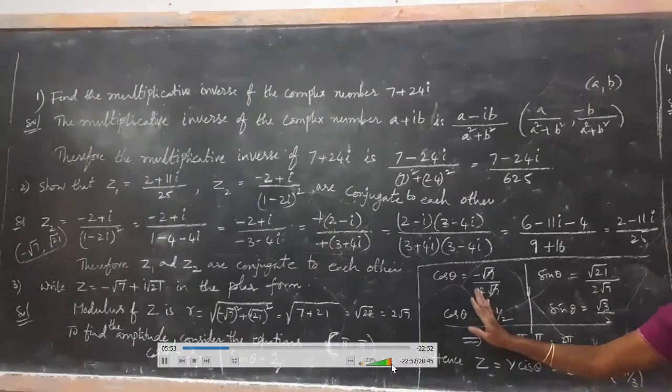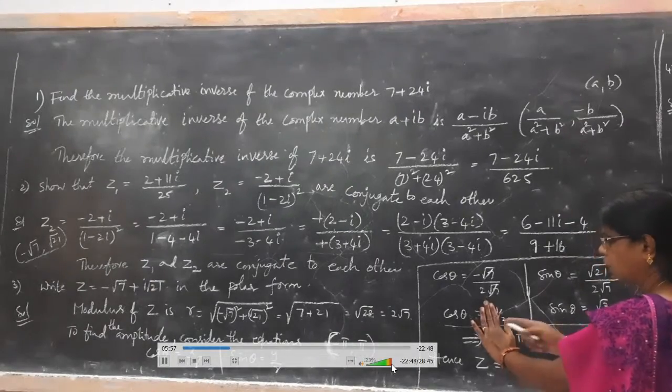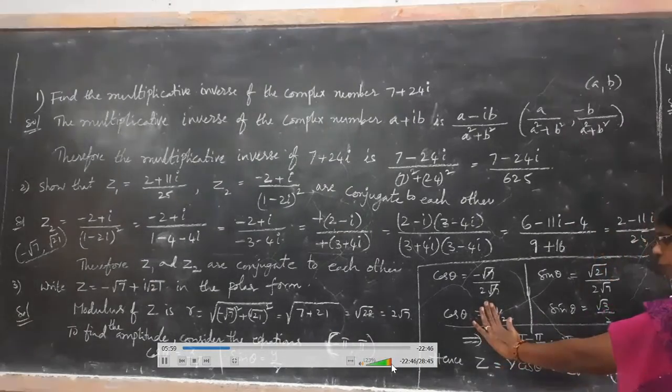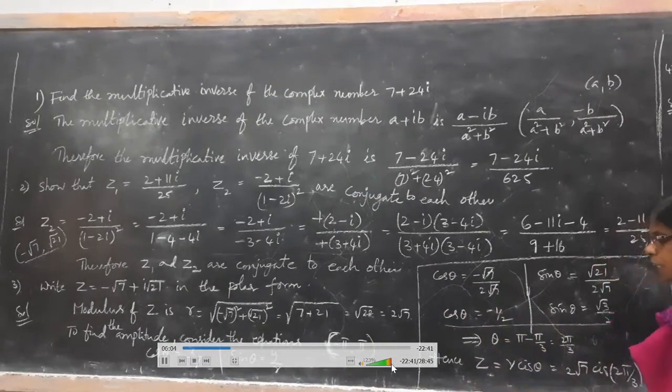So when we remove the minus, what is the value of theta? pi by 3. Because our theta lies in the second quadrant, it is pi minus pi by 3. So this is 2 pi by 3.